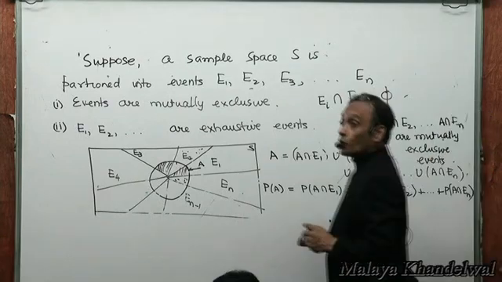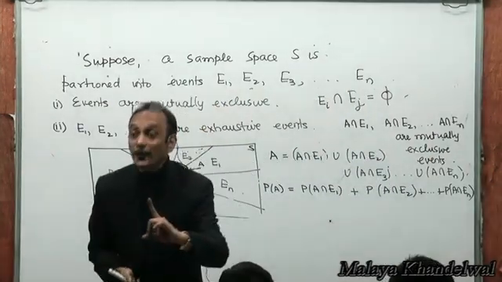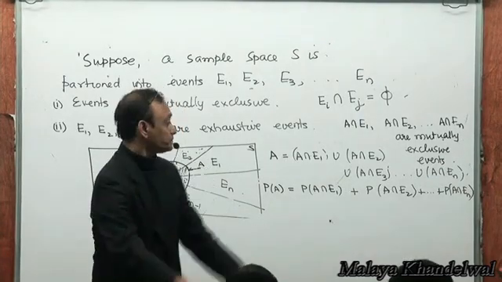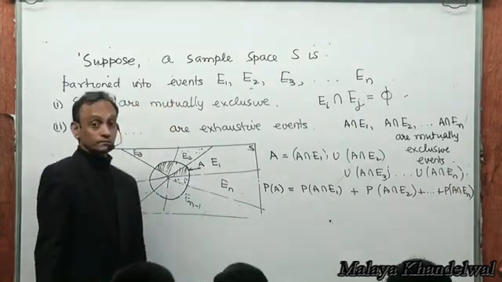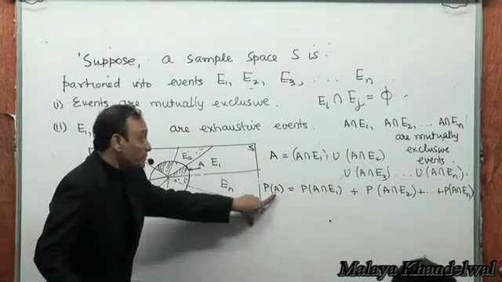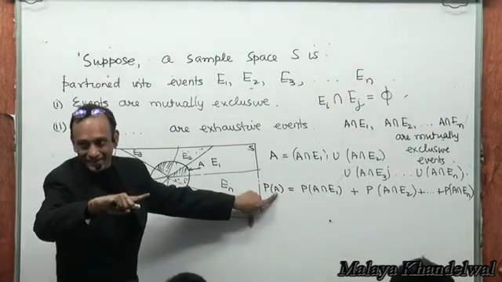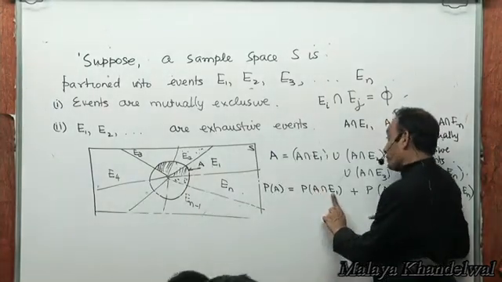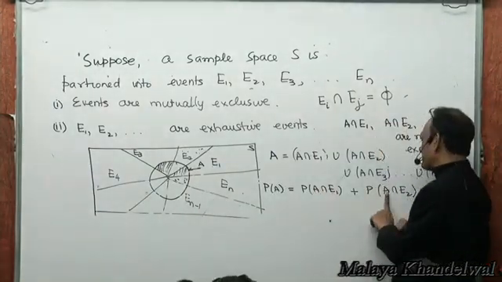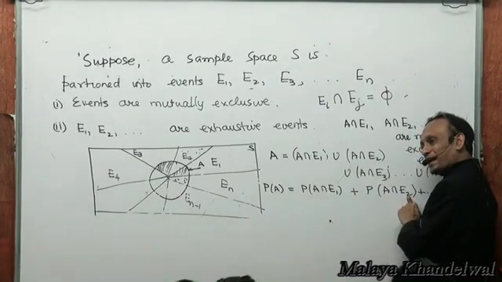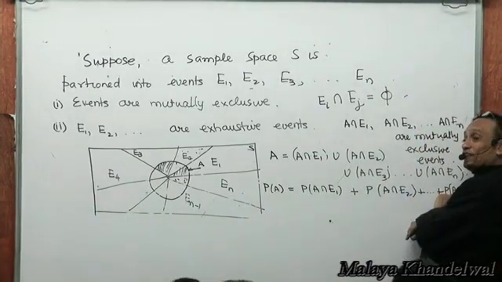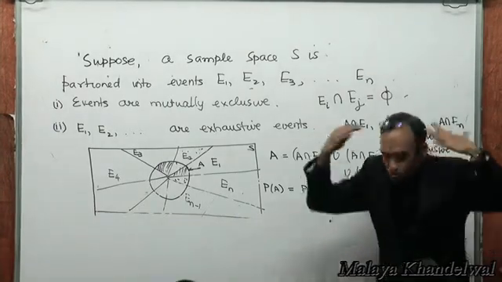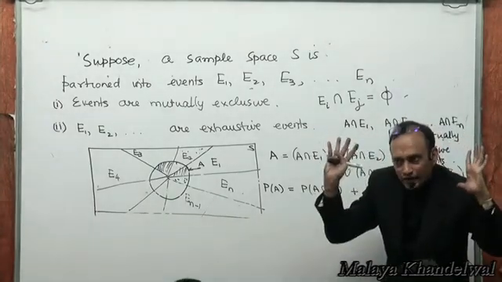Why? Because they are mutually exclusive. This is like probability of drawing a white ball from type A plus probability of drawing a white ball from type B plus probability of drawing a white ball from type C, and so on. So this is what it reduces to. It's not abstract.